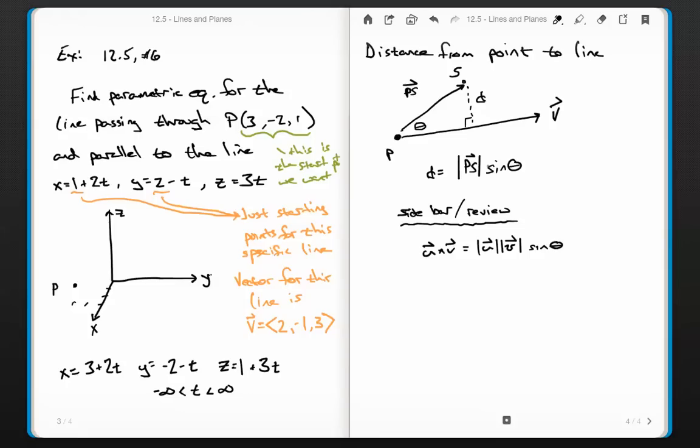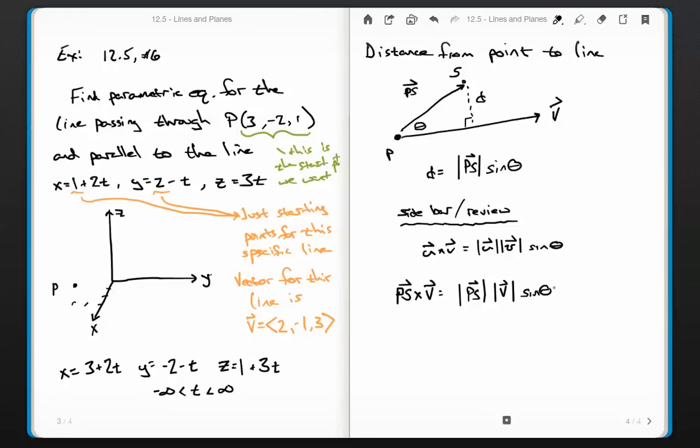Well, that means that the cross product of PS and V would equal the magnitude of PS times the magnitude of V times sine theta.